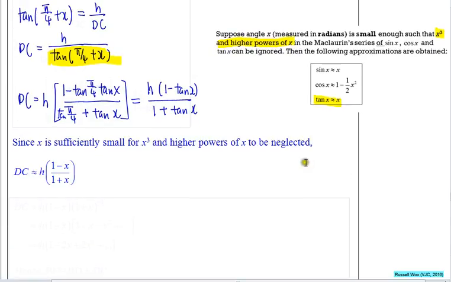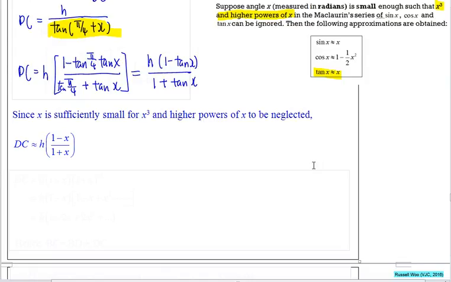So you just replace tangent x with x. Then you say, wrong, still cannot, still stuck. Cannot get, because the final answer has no denominator of 1 plus x. Wow. Then you apply your binomial, that means 1 plus x to the power of minus 1.